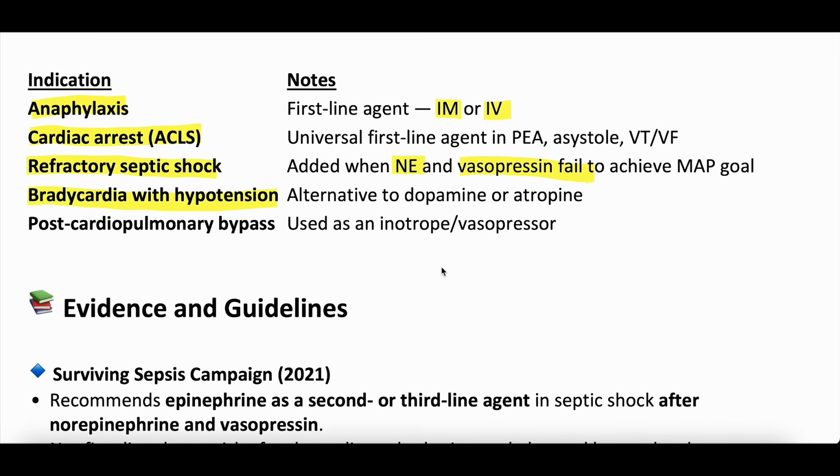Bradycardia with hypotension might be a nice drug, but remember, this is at those low doses, right? Because you just want that beta 1 effect, somewhere around that 0.01 to 0.05 micrograms per kilogram per minute. And then sometimes post-cardiopulmonary bypass, it's used because it has that inotropic beta 1 effect and that vasoconstrictive alpha 1 effect as a vasopressor.